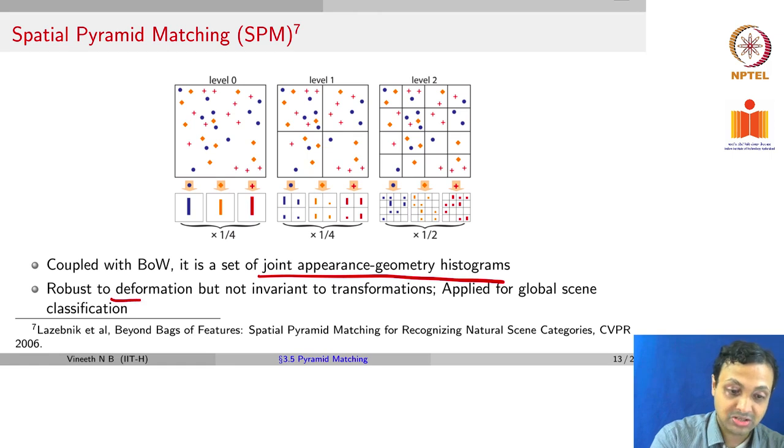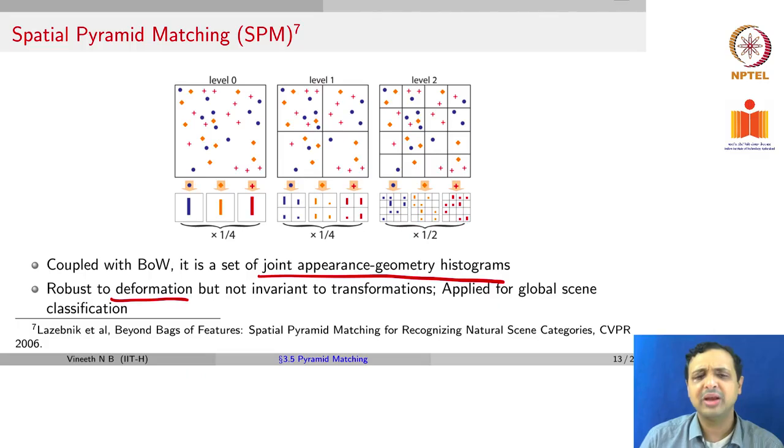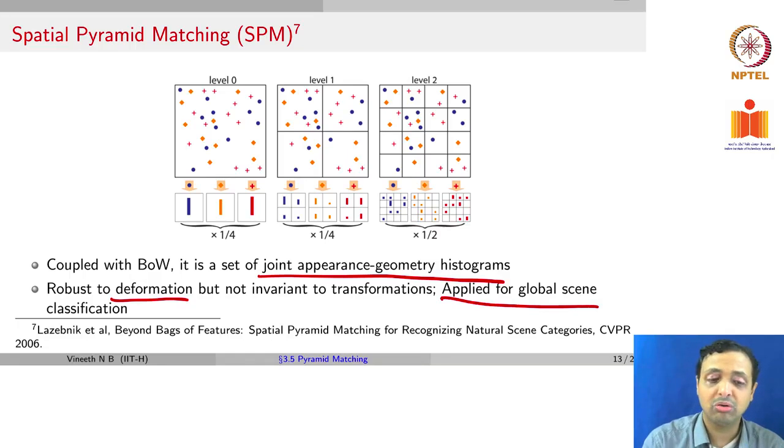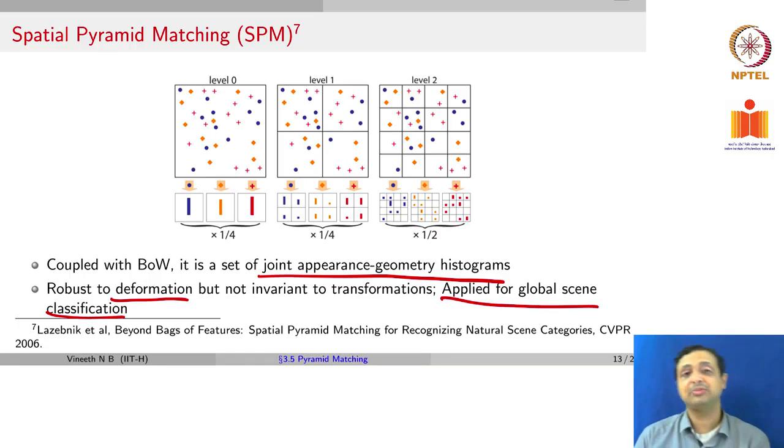So these are robust to deformation, not completely invariant to transformations, but fairly robust to deformation by simply the process that you're defining, where you're considering the appearance as well as where each of these features occur in a given image, which was not there in the pyramid match kernel at all. So this can be used for global scene classification, where a different organization of objects should not distort your final result.